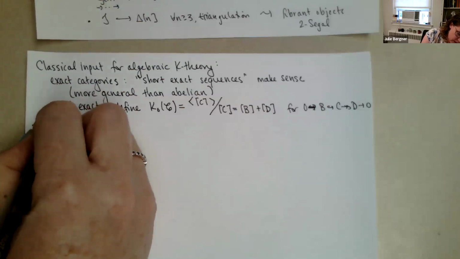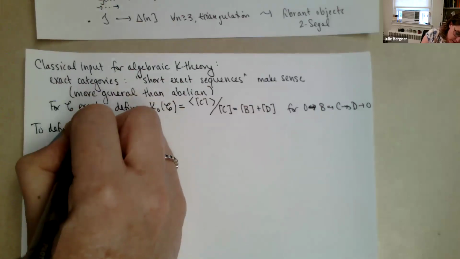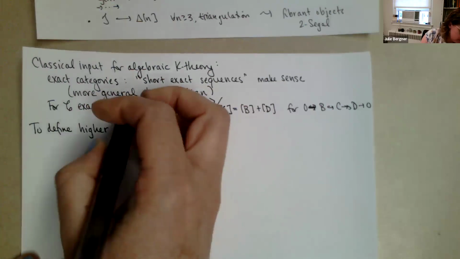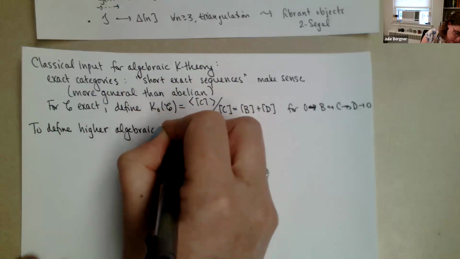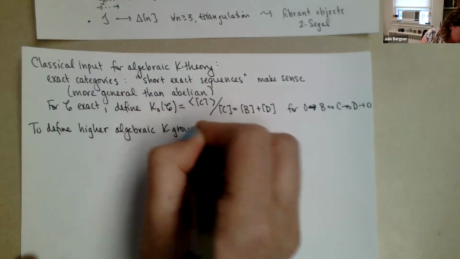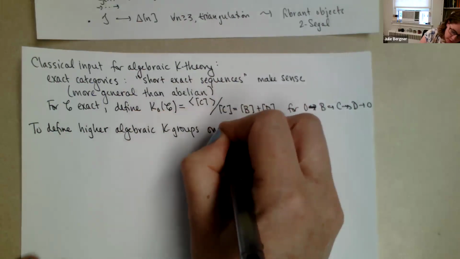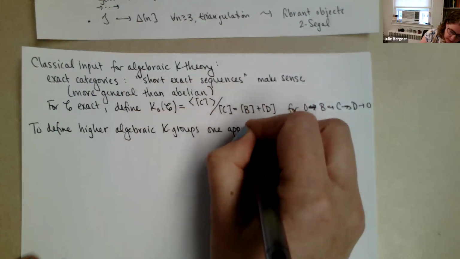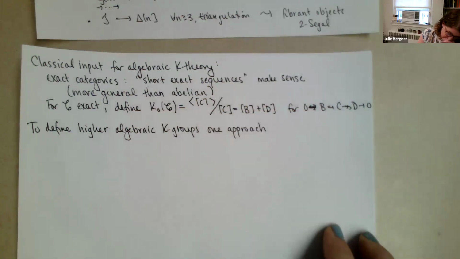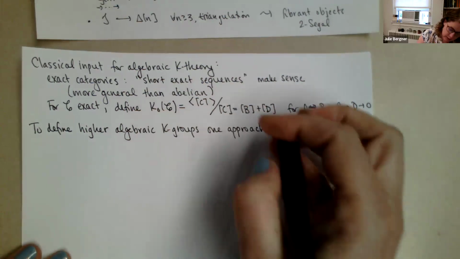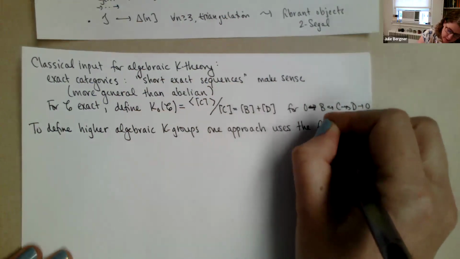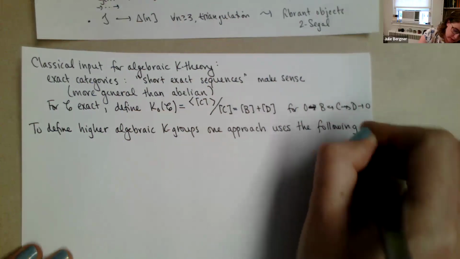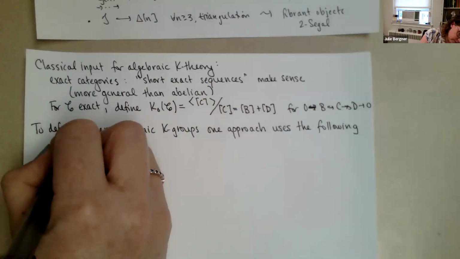Now to define higher than 0 algebraic K groups. One approach, and this is fast forwarding even a little bit further in history to Waldhausen, is going to use the following features of an exact category.